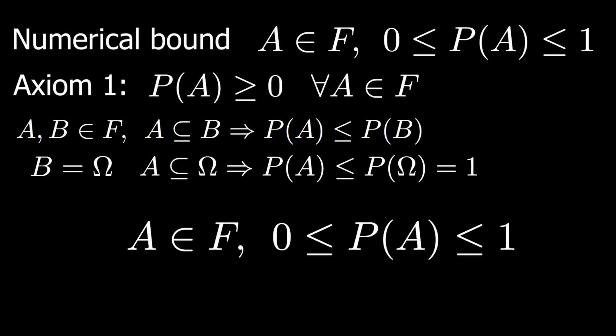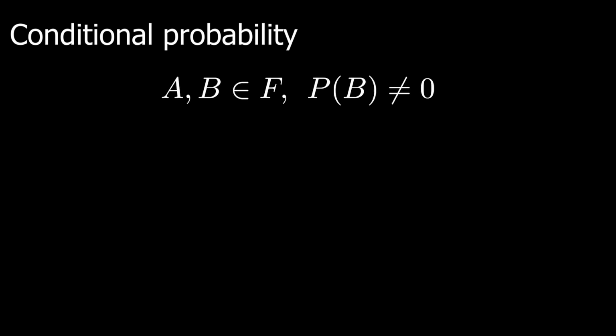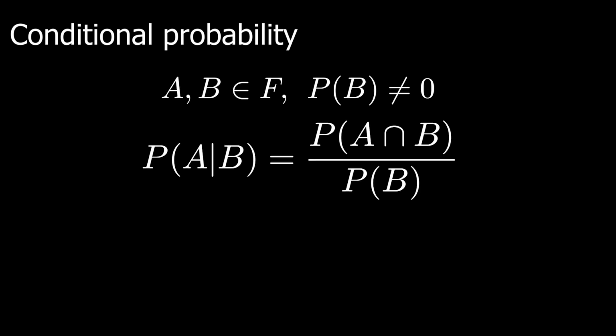Now, on to more theory. Conditional probability. Let A and B be events and assume P of B is not 0. We define P of A given B as P of A intersection B divided by P of B. How do we interpret this?